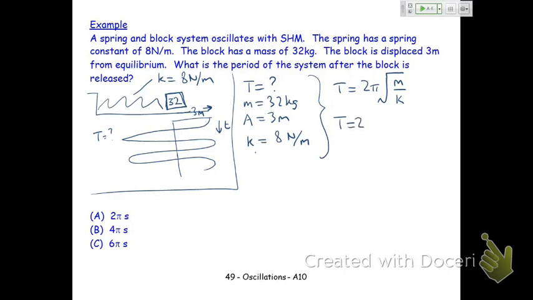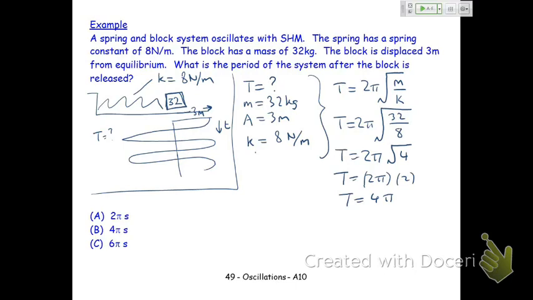T is equal to 2 pi square root of m, 32, over k, 8. T is equal to 2 pi root 4. T is equal to 2 pi times 2. T is equal to 4 pi, and it's a time, so it's going to be in seconds. Now, there's my answer.